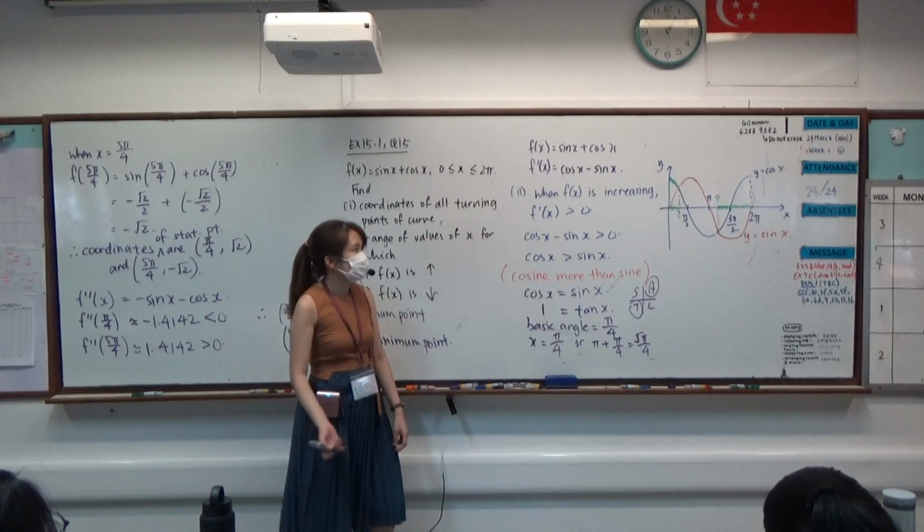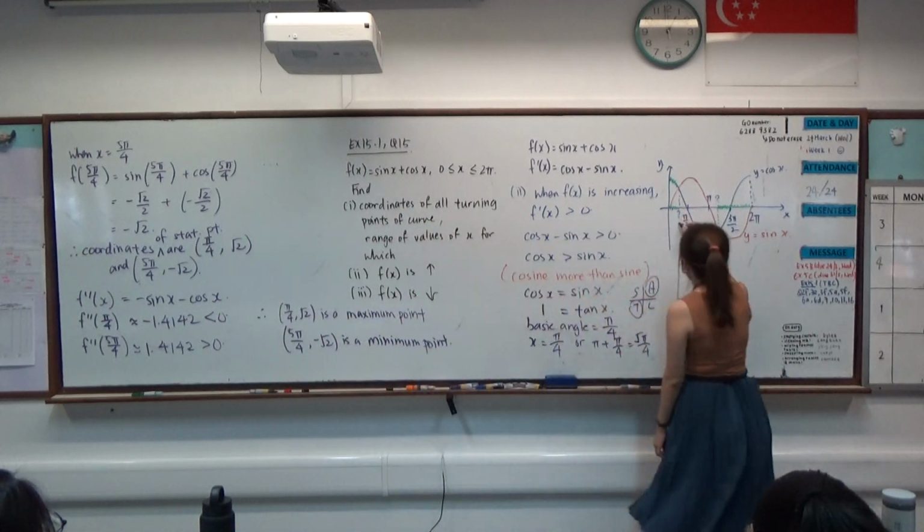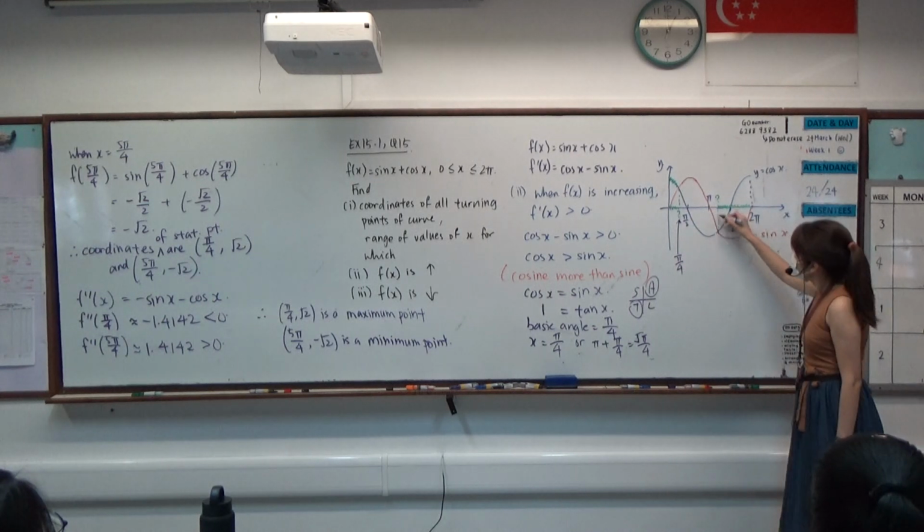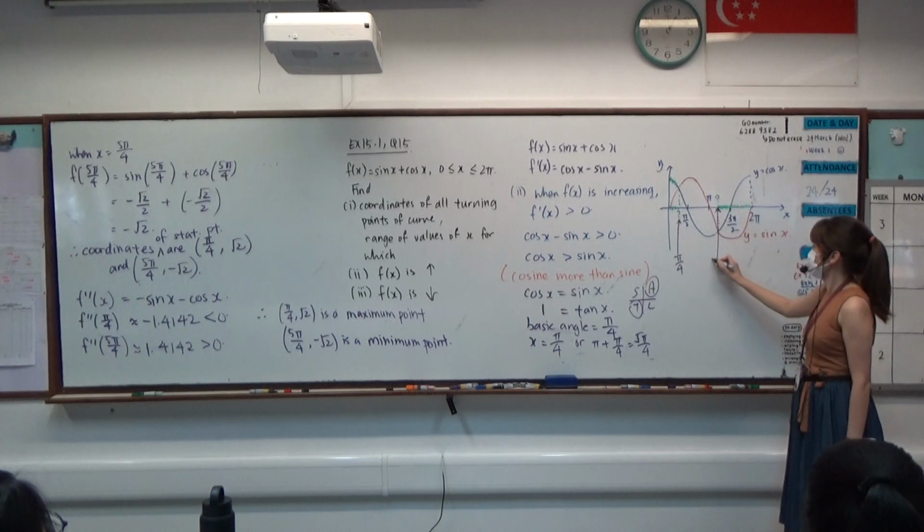Okay? So that means that this point here is pi over 4. This point here is 5 pi over 4.